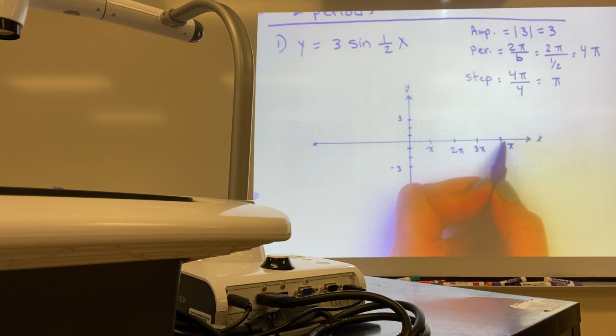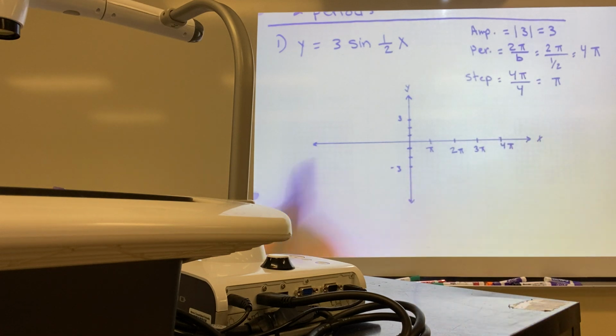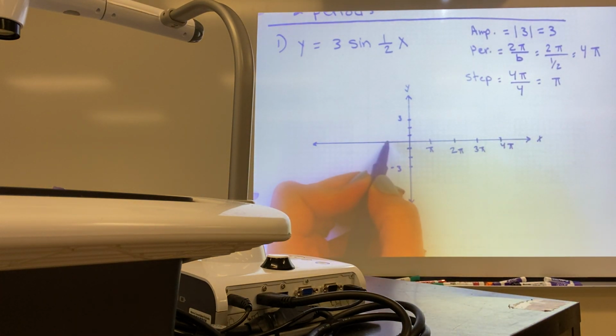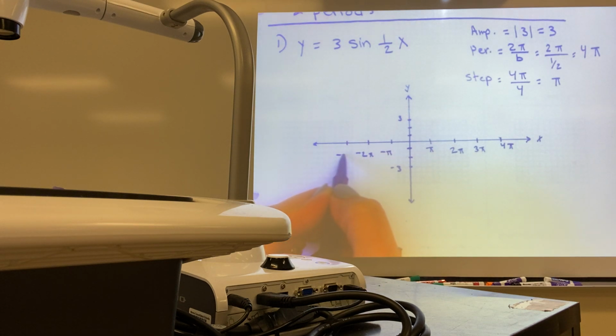And here is where I am going to stop because I want to show the graph up to this point, 4 pi. And on the other side, I will go -pi, -2 pi, -3 pi, and -4 pi.